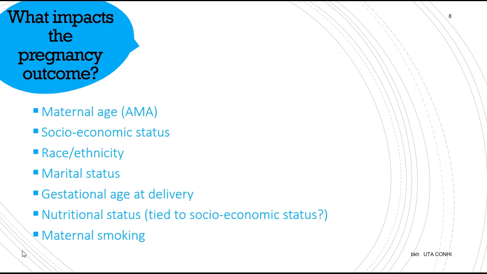Marital status. Now, marital status many, many years ago was a much bigger issue than it probably is currently, because maybe 20, 30 years ago, if a teenager got pregnant, she may be thrown out of the house, lose any health care, not have affordable housing, not have a way to the doctor, or be unable to afford the doctor. That's not so much an issue.